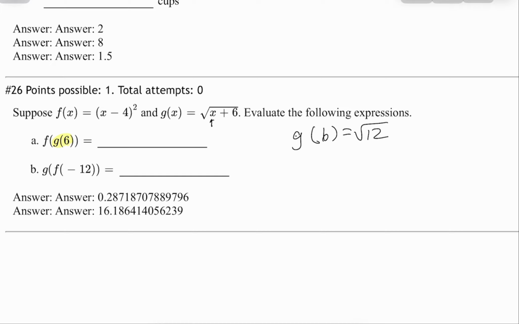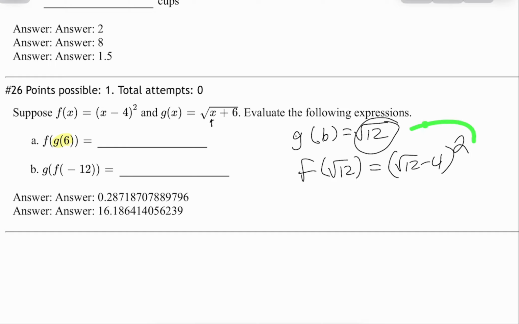Now that's just a number. Now we're going to stick that square root of 12 into our f function. So now we're going to do f of the square root of 12. So it's going to be the square root of 12 minus 4, the quantity squared. Now they want you to input a number. Try to see if you can enter that on the line, if it gives it to you. But if not, if you actually put that into a calculator, you get 16.186414.05.